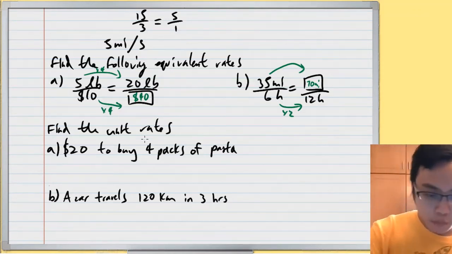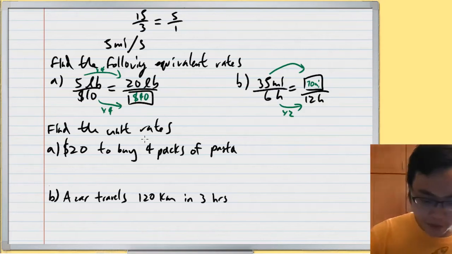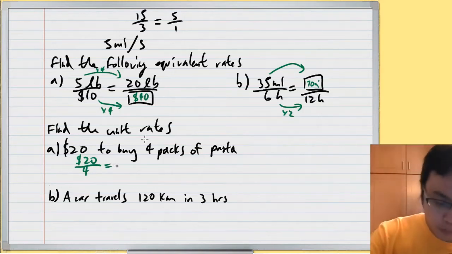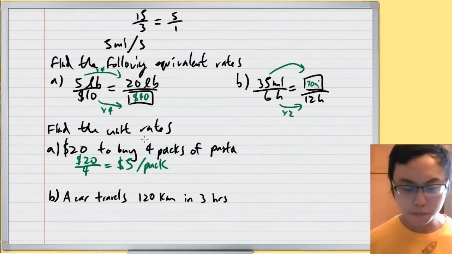So for the first one, we want to do 20 divided by 4. 20 divided by 4 is equivalent to $5 per pack. So we can write it this way, $5 per pack.